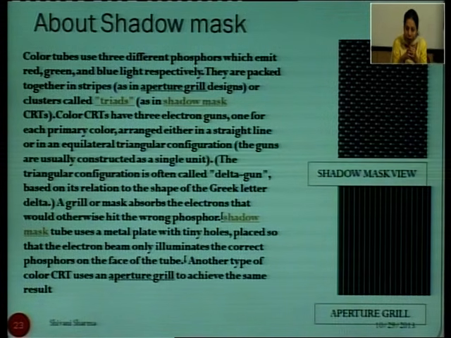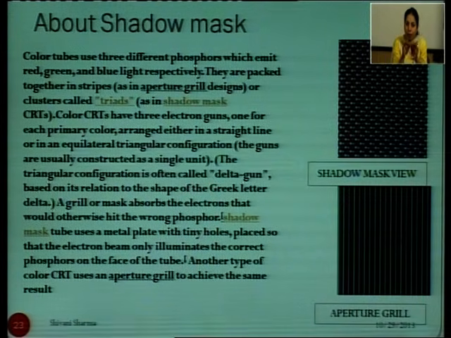Now we will discuss color monitors. We have 3 electron guns, an anode assembly, and a deflection system. Besides this, in color monitors we have a shadow mask.